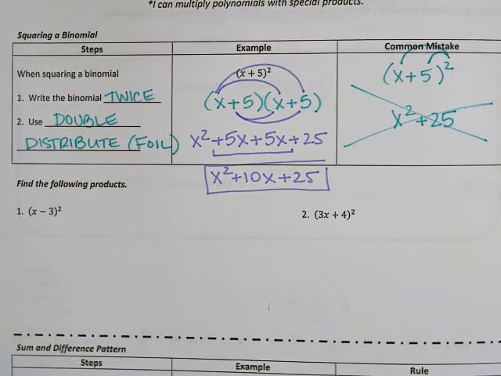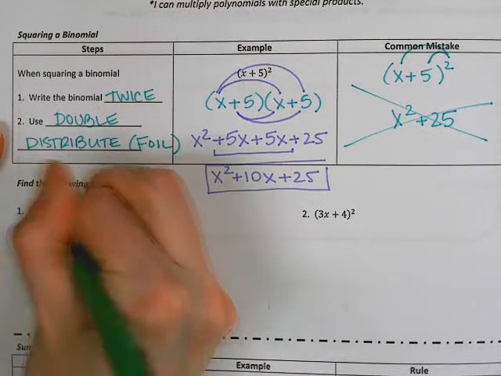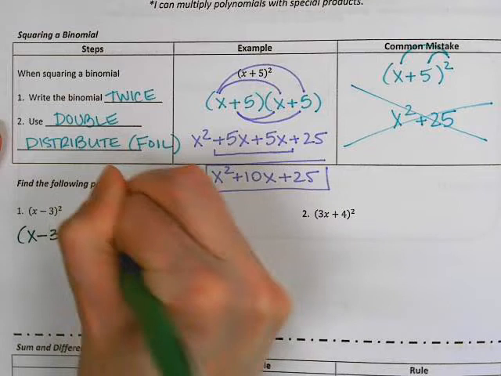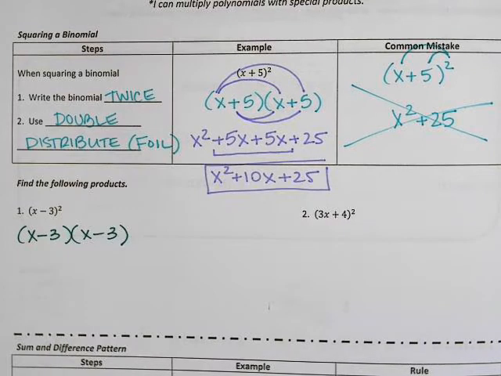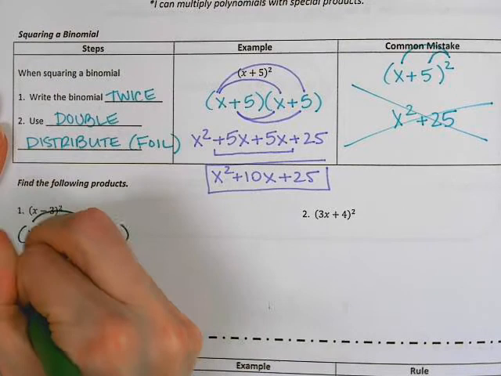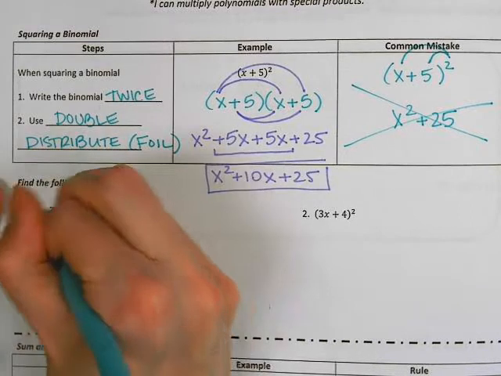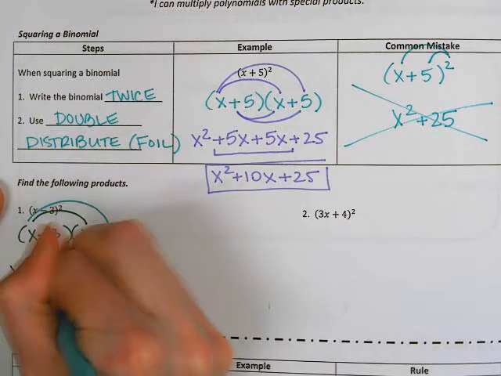So why don't you guys try 1 and 2? It's practicing that same idea. So x minus 3 squared. Do not distribute. You need to write it twice and multiply, distribute, FOIL, whatever you call it. So x times x is x squared. X times negative 3 is negative 3x.